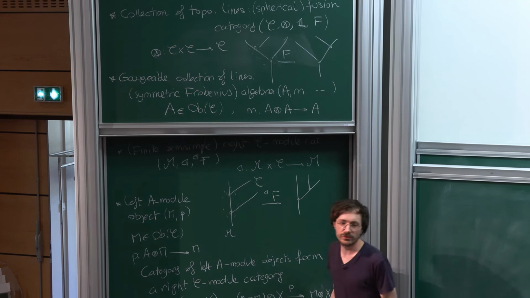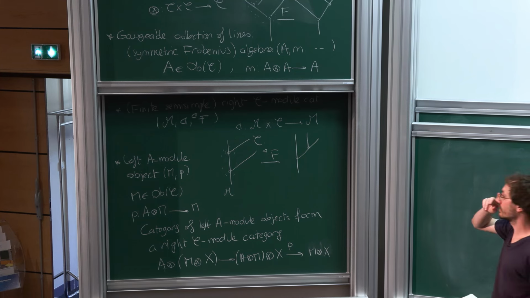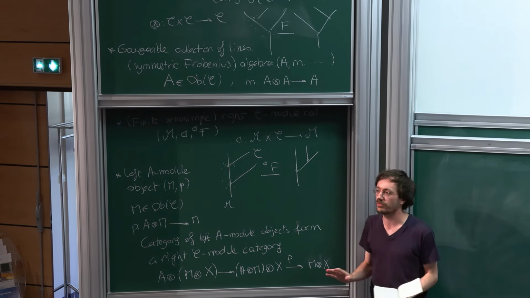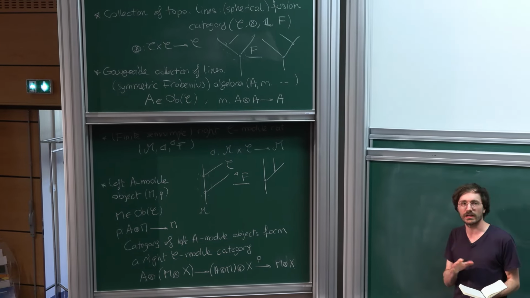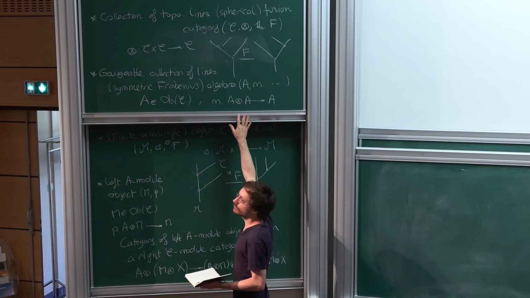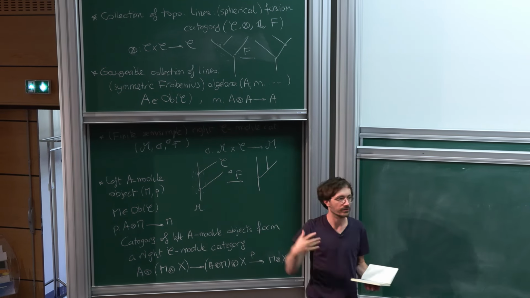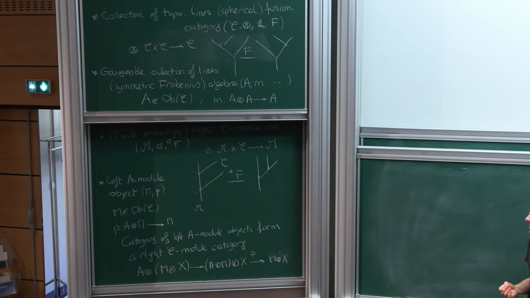What I want to emphasize though is that both these algebras of lines and this module category, as I said, capture the same information, which is what you can gauge in your theory. However, physically, they don't exactly encapsulate the same thing. These algebra objects really correspond to the lines that you couple with your theory, right? And then you sum over these lines, you make them dynamical, and this is really what performs the gauging.